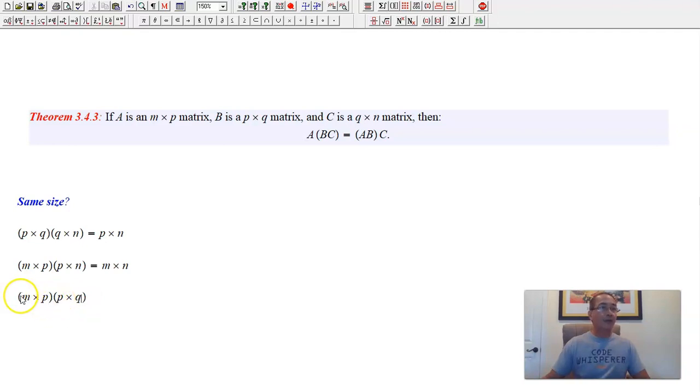P and P. So, the product of A times B is defined, and it is M by Q. So, last step, we will multiply the product A times B, which is M by Q, by C. How big is C? C is Q by N. So, are they compatible? Yes. And the answer is M by N. Oh, that's exactly the same as the matrix on the left.